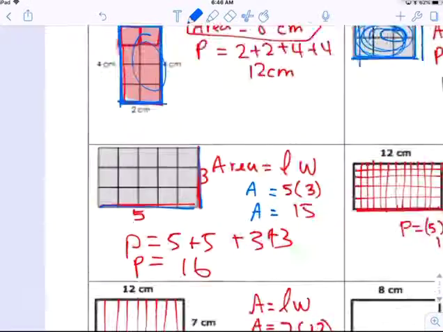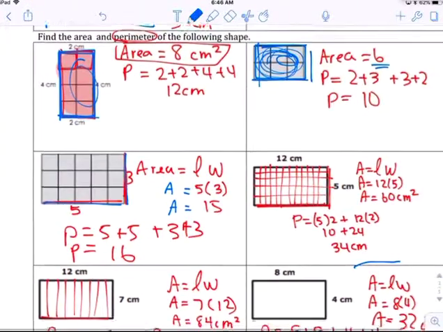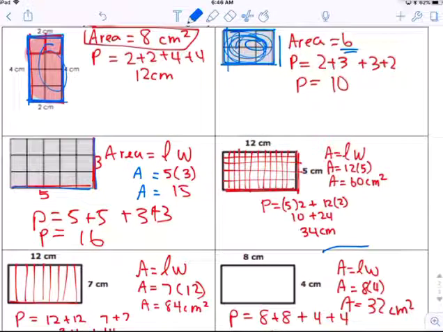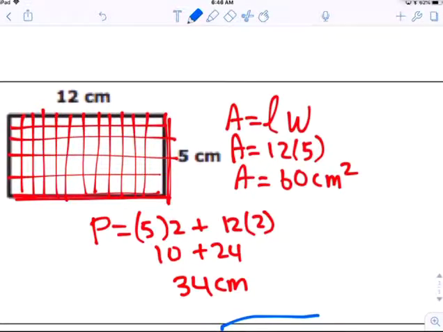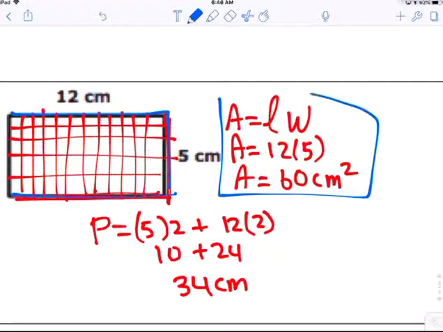Now, I don't expect you to make these little squares. But I do expect you to show this step. Area is length times the width. So 12 times 5, which is 60.